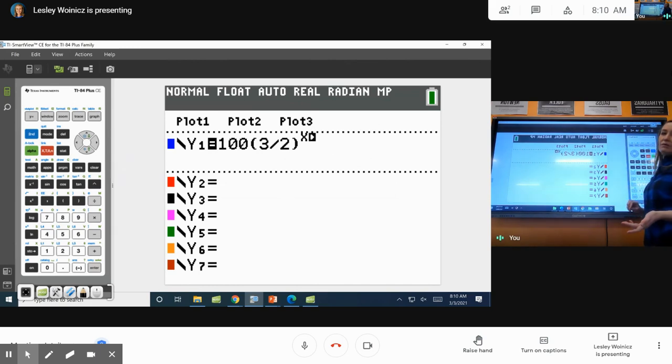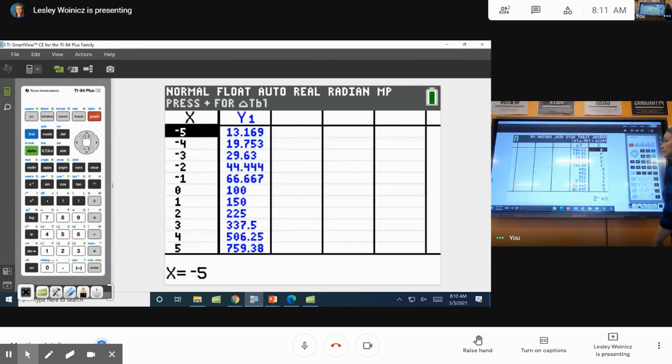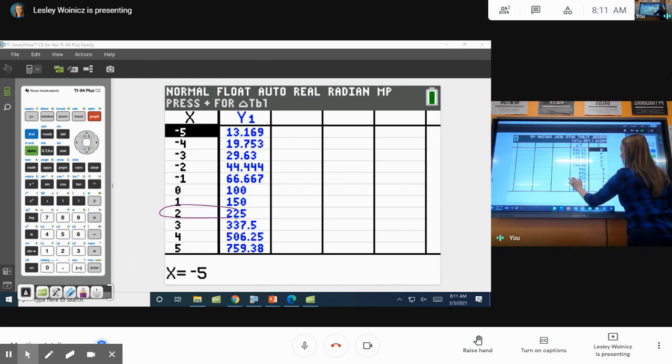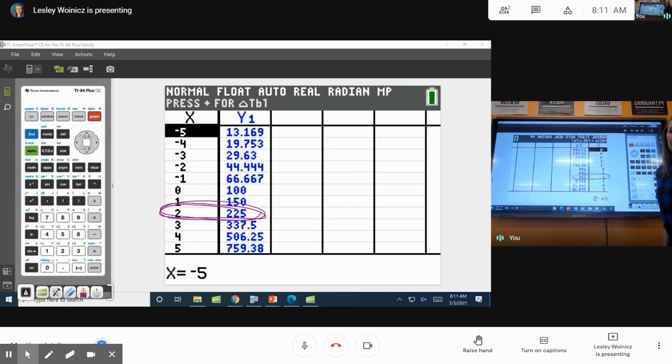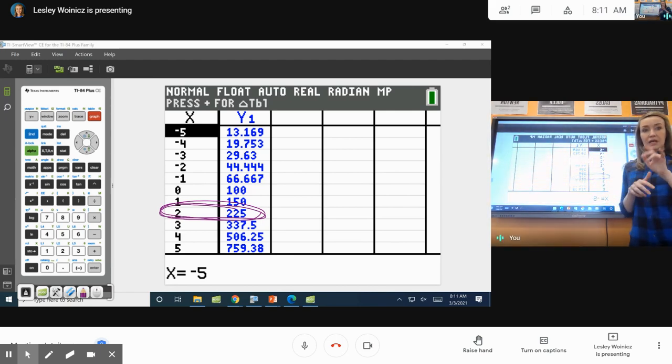I know that the question says t, but your calculator is using x and y, which we've said is fine. And then I go to my table, and you can see that right here, when my t is 2, I do in fact get 225 for my output.